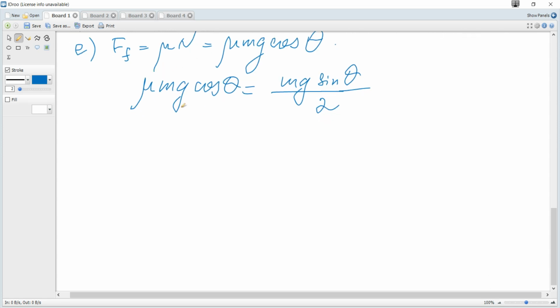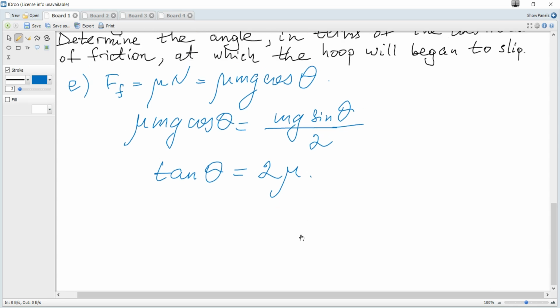You can see that mg cancels, and multiplying by 2 and dividing by cosine of theta we get that tangent of theta is equal to 2 times mu. And it's the required expression.